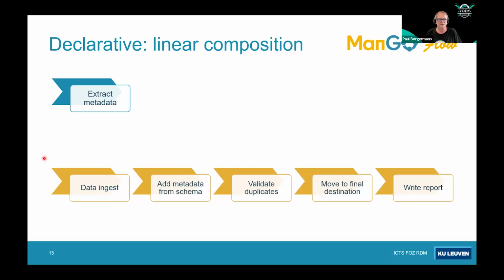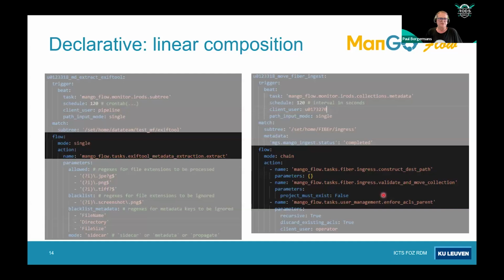And important here is to know that typically in such a chain, the result of one part is fed as an argument of the next one. How is this declared in this YAML format? In the single case, it's very simple. You just call the name of the workflow that you have defined and declared in your Python code. And on the right side, you see a declaration of a chain where several actions are started sequentially.